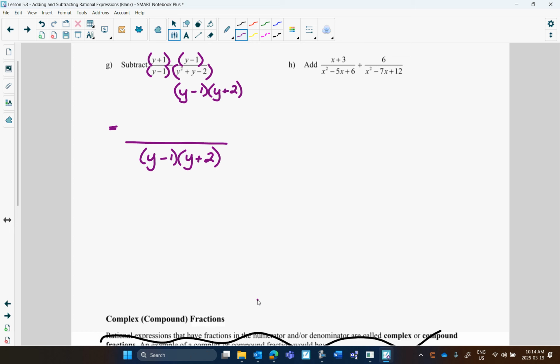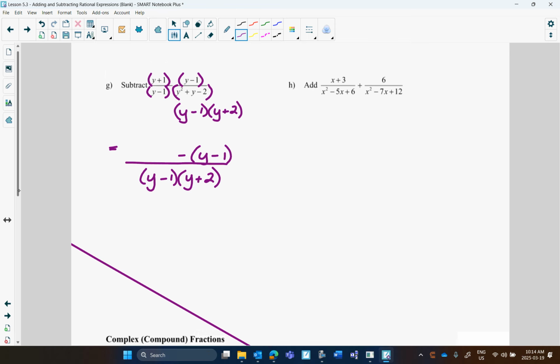Well, I don't have to worry about changing the second one, but I do have to multiply the first one by y plus 2. And notice, that's going to be 4 multiplications.